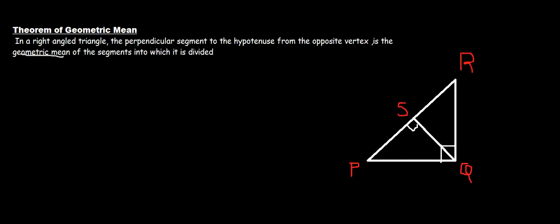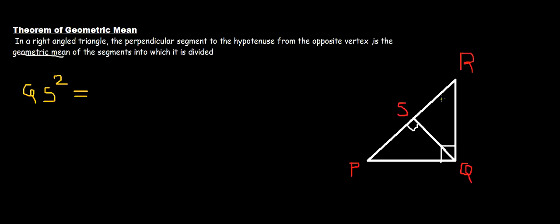So what do you mean by this statement? We have to prove that QS square, that is the perpendicular segment to the hypotenuse, QS square equals PS into SR, into the segments into which it is divided.